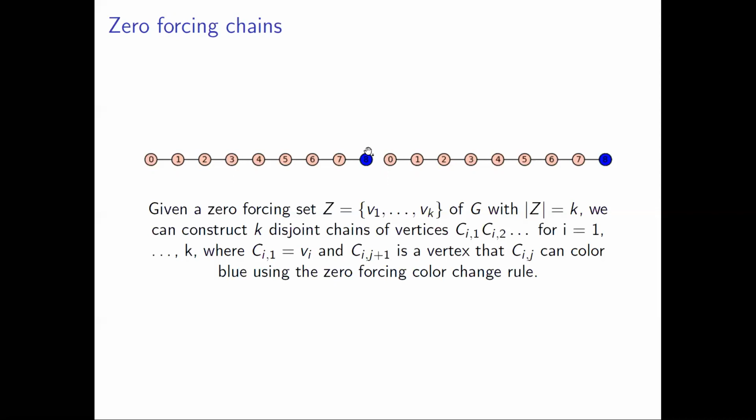And the chains, I'll draw them here. They just consist of the vertices that force each other in order. So this graph has exactly two chains, and these chains are the two paths in the graph.